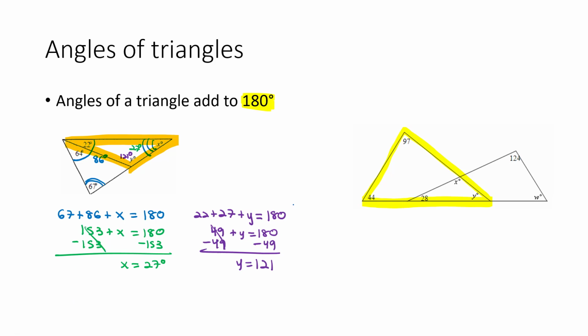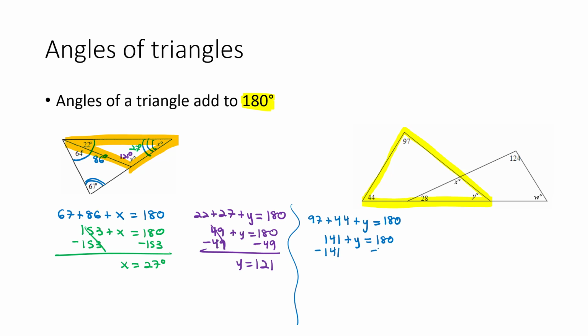So, using that information, 97 plus 44 plus the y, the angles of a triangle have to add up to 180. Well, 97 plus the 44 is 141 degrees so far, plus the y has to equal the 180 degrees.